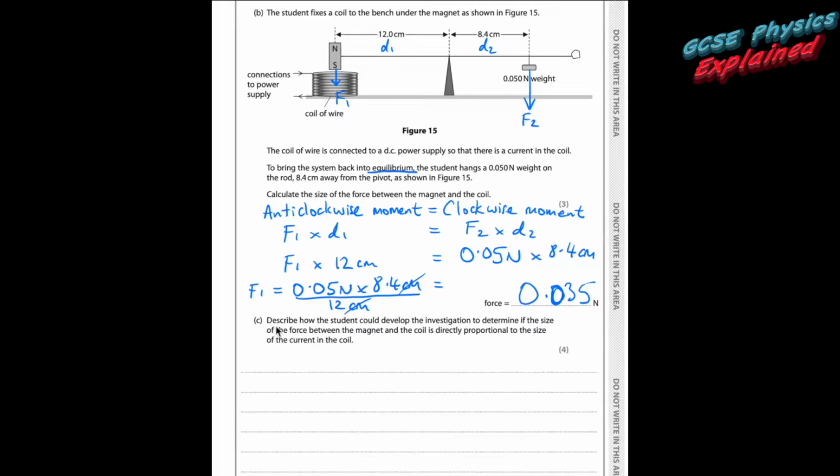Part C. Describe how the student could develop the investigation to determine if the size of the force between the magnet and the coil is directly proportional to the size of the current in the coil. Right.